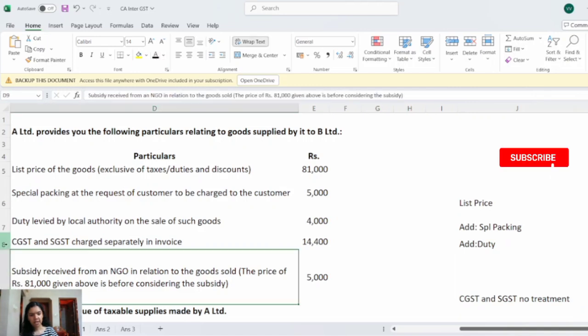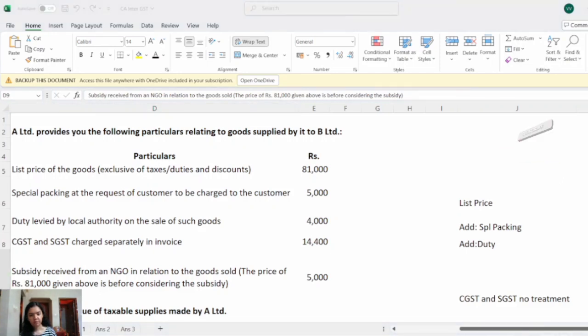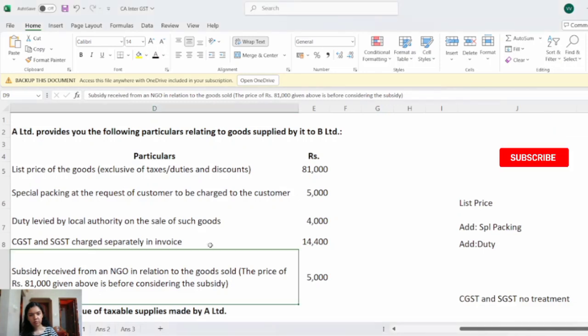Now coming to this last line item, subsidy received from an NGO in relation to the goods. As per Section 15, subsidy directly linked to the price received from a non-government body is included in the value of the goods. In this case, it has been specifically given that the price of rupees 81,000 is before considering the subsidy.